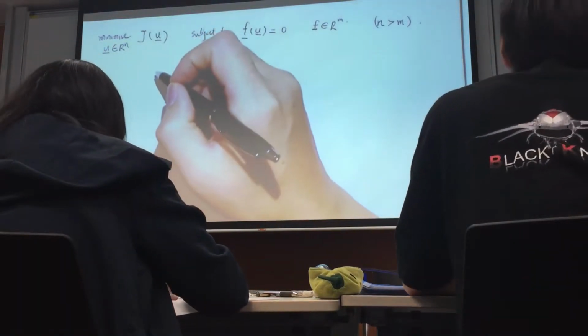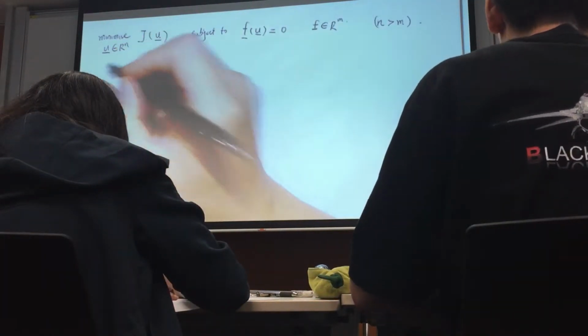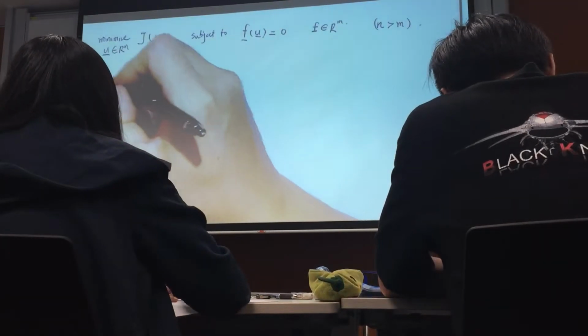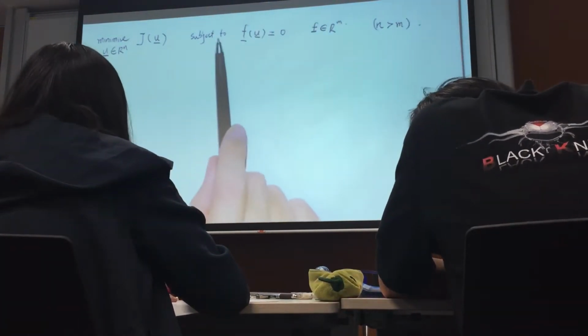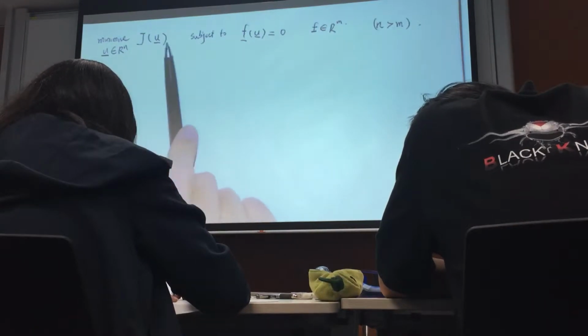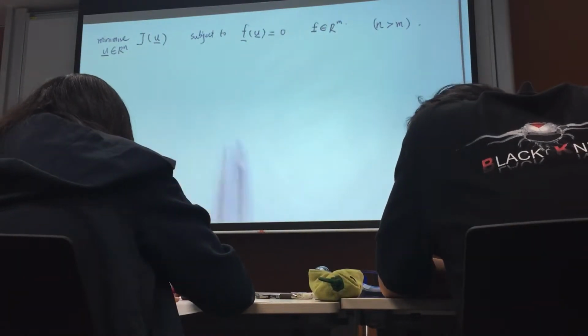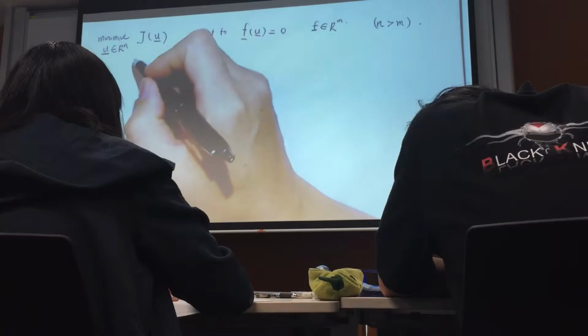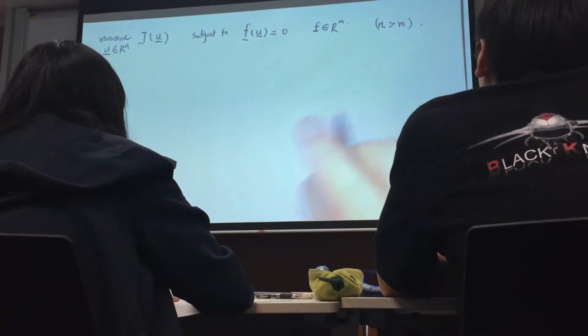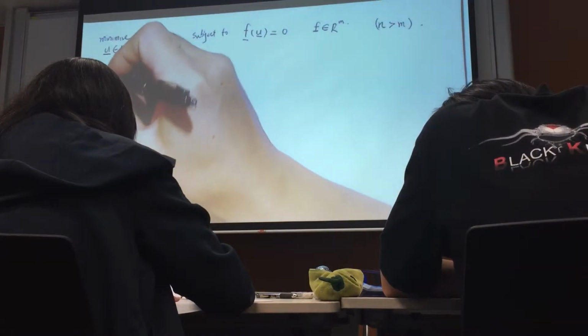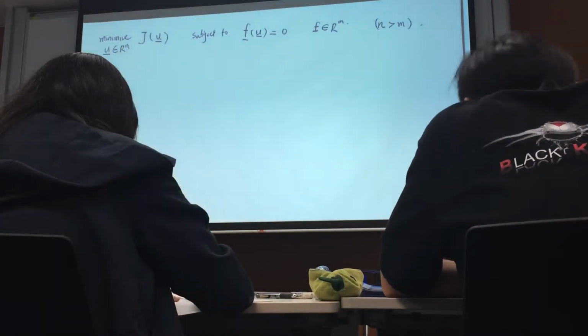So to solve the problem, the formulation is quite standard. We try to convert the constrained optimization problem into an unconstrained optimization problem by augmenting the cost function using the Lagrange multiplier. So we define the solution like this.